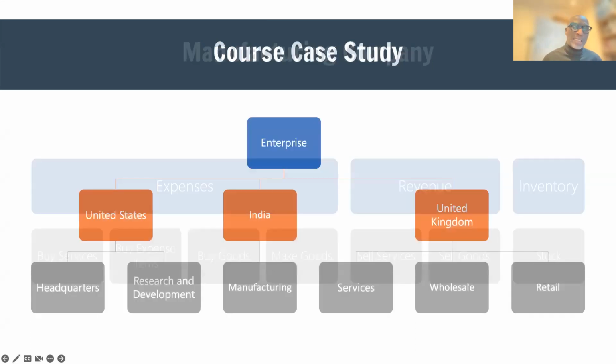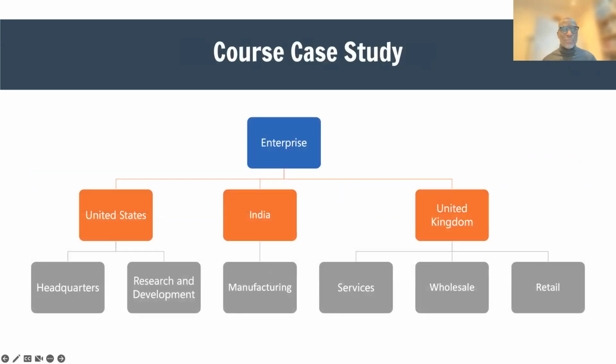So what we're looking at on this course is that we're going to build a model similar to this, the enterprise structure, where we'll have an enterprise which operates in multiple countries, and then it would have different segments within the businesses, which do different operations. So depending on the operation that is performed within the business is what will determine how you will set up the structure of the enterprise.